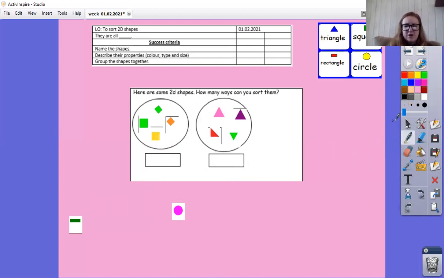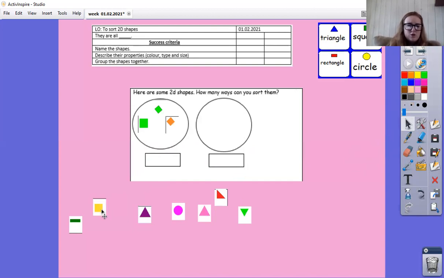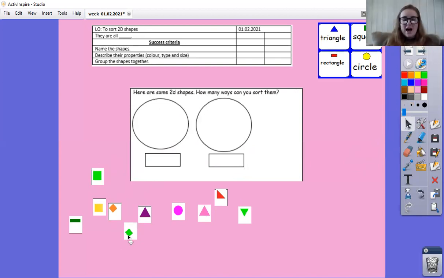What else could I do? Any shapes that are rotated, where they do not have a flat side on the bottom, I could put in here. So that shape is rotated, it doesn't have a flat side at the bottom. That shape does not have a flat side at the bottom. This shape does not have a flat side at the bottom.